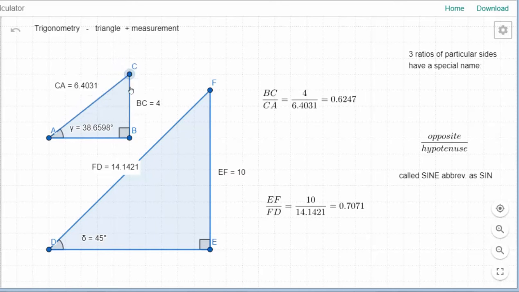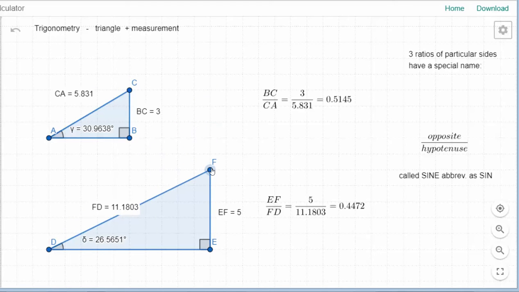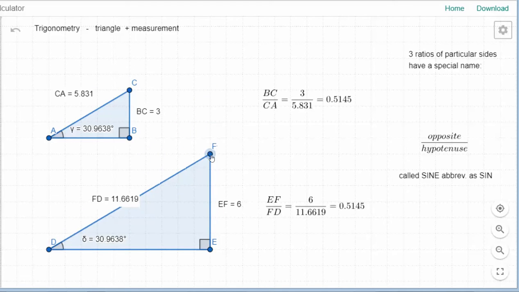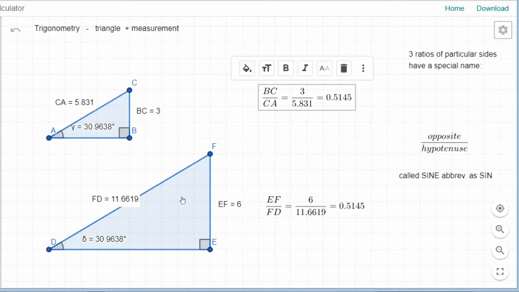Again, we can modify this and we get a different angle. So again, you can see for a different angle, now we're at the angle 30.96, we've seen this one before. Opposite 3, hypotenuse is 5.8 something, you get about 0.51 something.